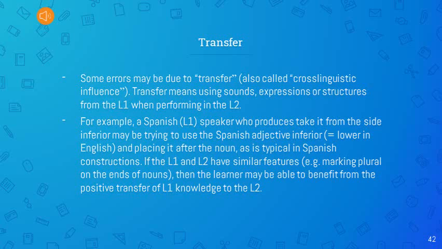If the L1 and L2 have similar features, e.g. marking plural at the ends of nouns, then the learner may be able to benefit from the positive transfer of L1 knowledge to the L2.